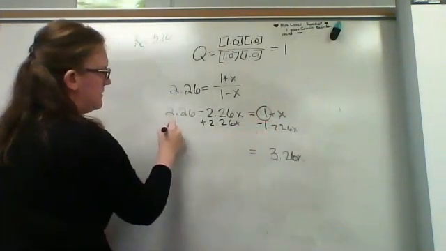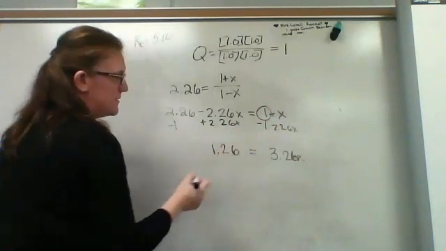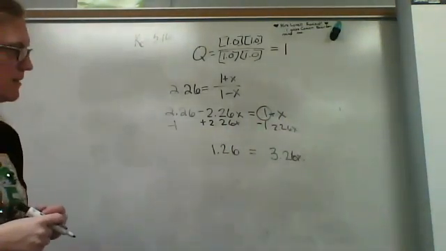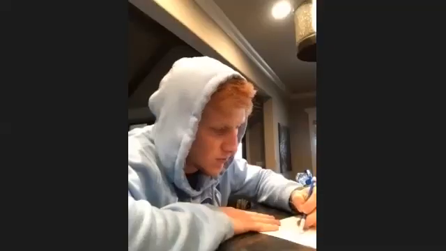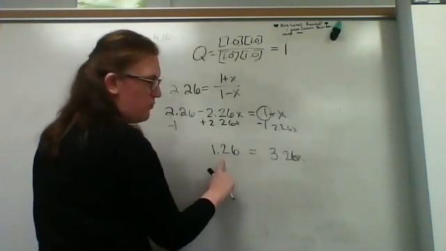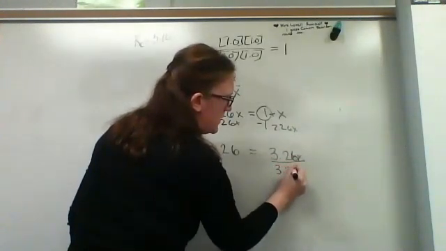I'm going to subtract it. So I'm going to have 1.26. Okay. And then how do you solve for x now? So I have 1.26. Just divide. Divide it, right? I'm going to divide both sides by 3.26.